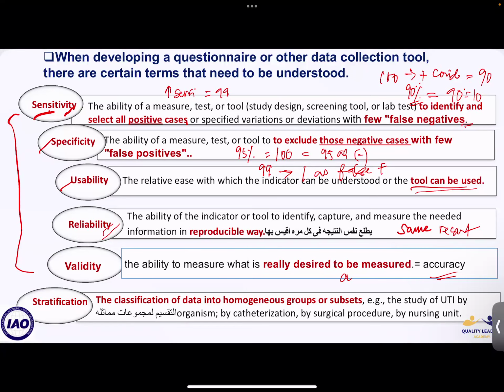I have here an example for reliability and validity. Let's use a target to explain. Just imagine you're throwing darts at the target. If every dart lands in the same spot, but far from the center, you have reliability but no validity, because you are consistent but not hitting the correct target.